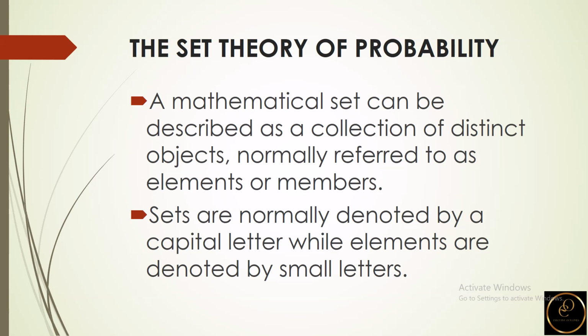So to identify a particular set, sets are distinguished by giving them capital letters, whereas elements could be in the form of small letters. So that's the standard. The sets are identified by uppercase letters, and the elements are identified by lowercase letters.